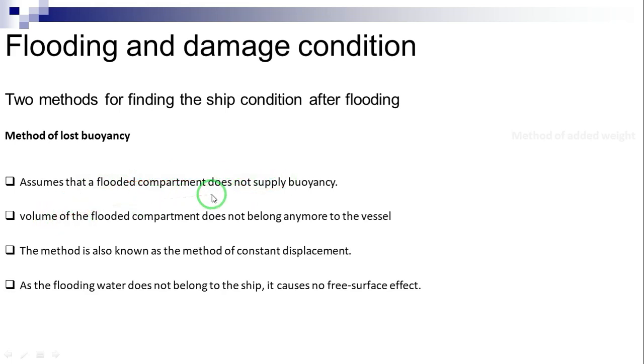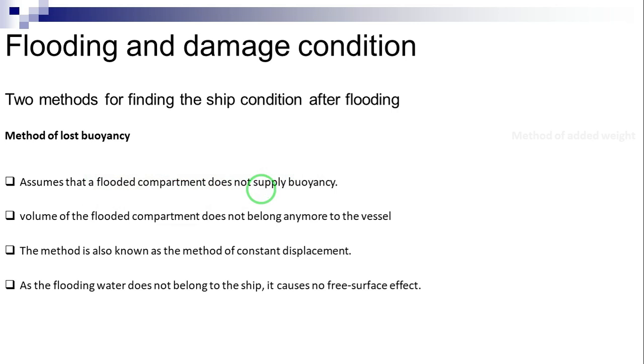We can imagine that if there is an open communication between a compartment and the surrounding water, the water inside the compartment exercises pressure equal to and opposed to that of the external water. Then the buoyancy force predicted by the Archimedes principle is cancelled by the weight of the flooding water.